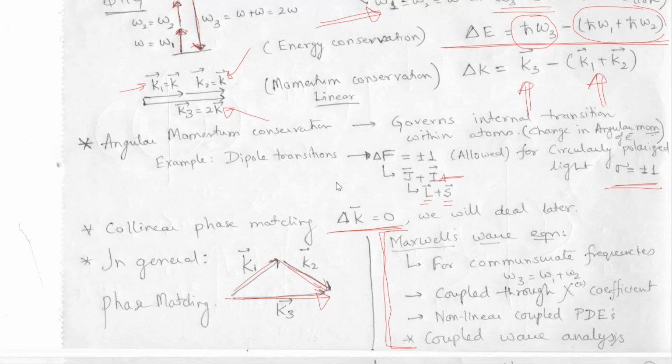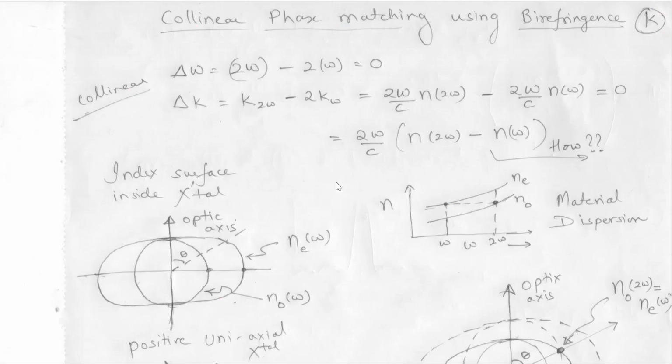All right, so now let us get back to this collinear phase matching. So as I said, we have ensured that the energy is conserved, that is 2 omega minus 2 times omega is 0, right? And now we are ensuring that even the momentum is conserved for this particular nonlinear process to happen.